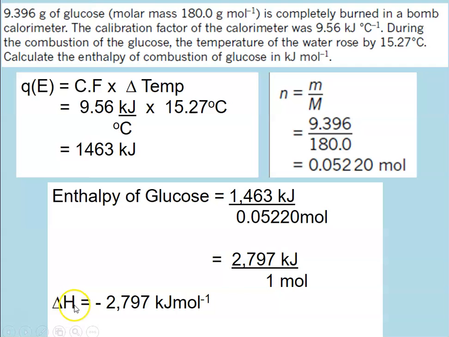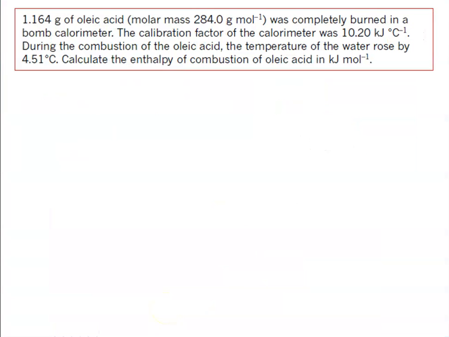If you divide any number by a number on the bottom, you'll get how many kilojoules per 1. If you were asked to write it as an enthalpy change, then remember that if you ever write change in H, you need to write that it's exothermic, so you're releasing heat, kilojoules per mole, and put your units on. So oleic acid was completely burnt. Calculate the enthalpy change.